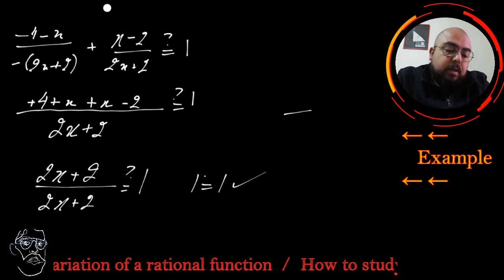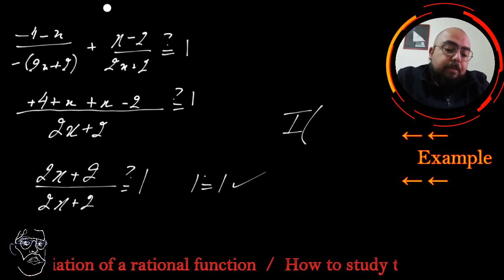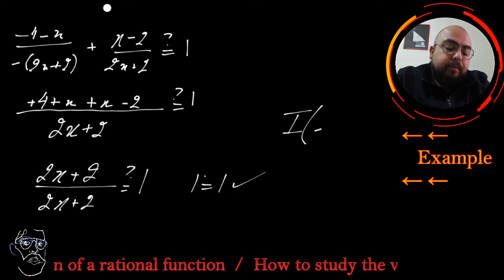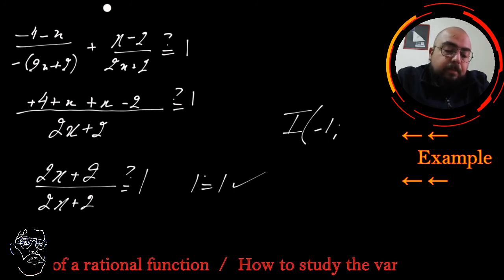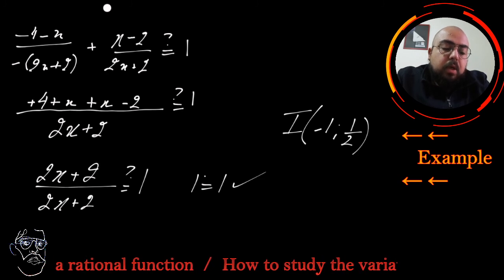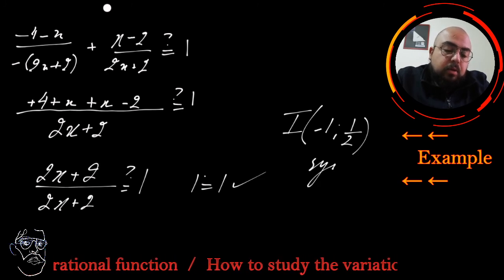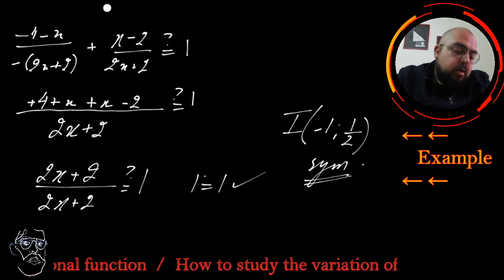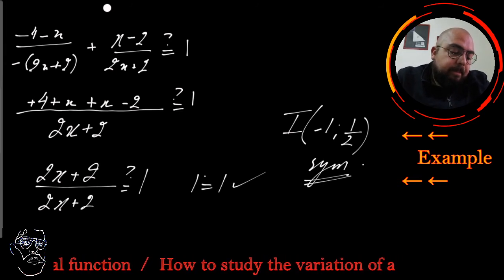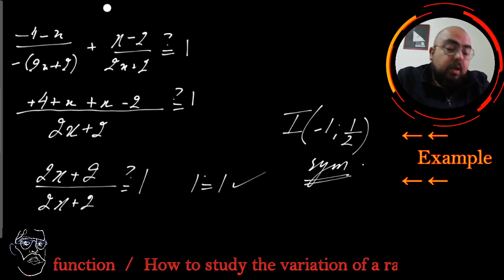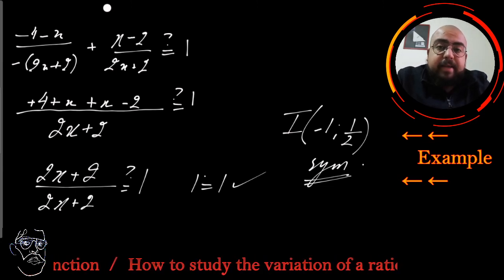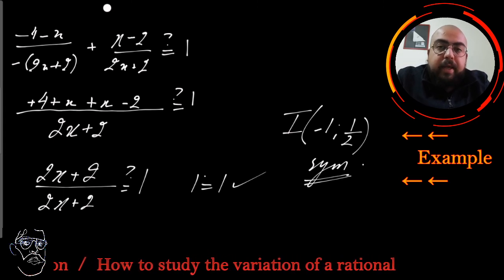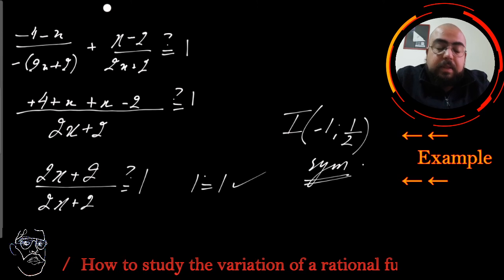In this case I can say that I, which is the intersection of these two asymptotes, the horizontal and vertical, I minus 1, 1 over 2 is actually a center of symmetry. So these are the steps that we followed in order to study our function, which is in this case a rational function in the form of ax plus b over cx plus d.